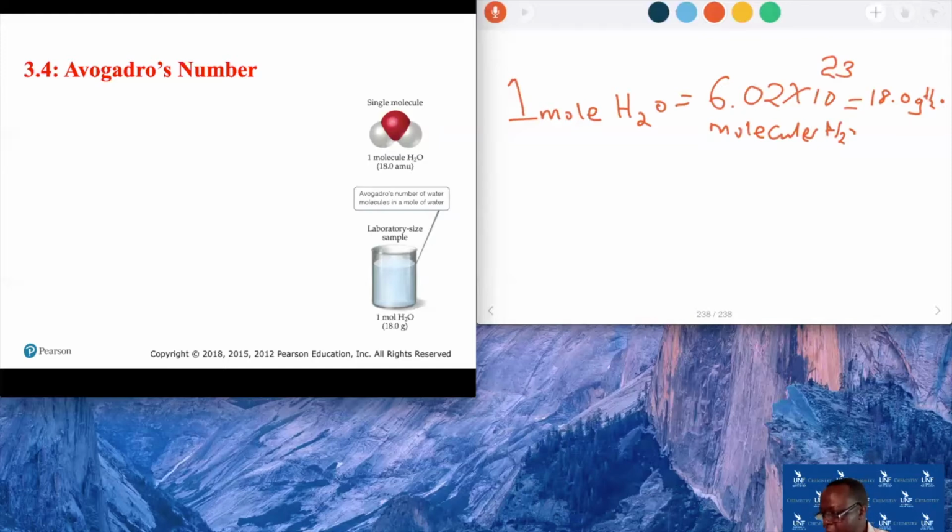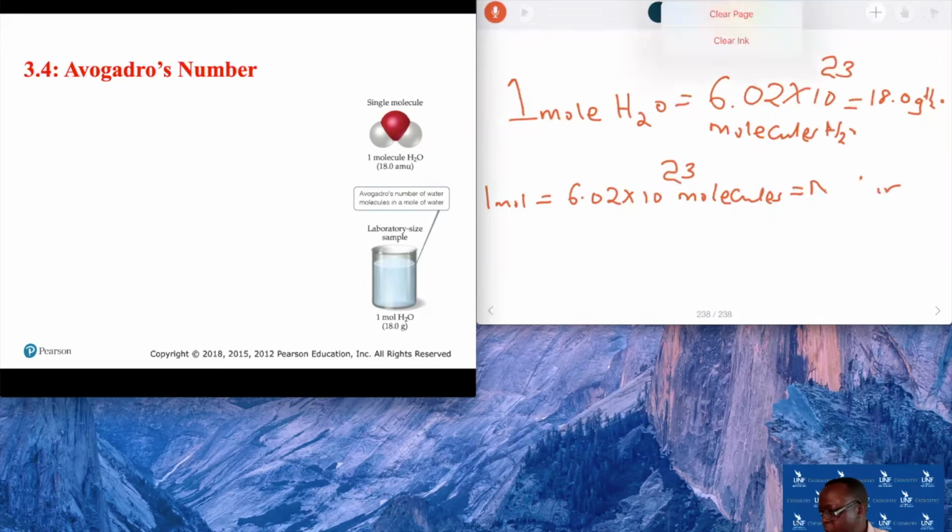Take home message here is 1 mole of anything equals Avogadro's number, 6.02 times 10 raised to 23, molecules, which equals the molar mass.